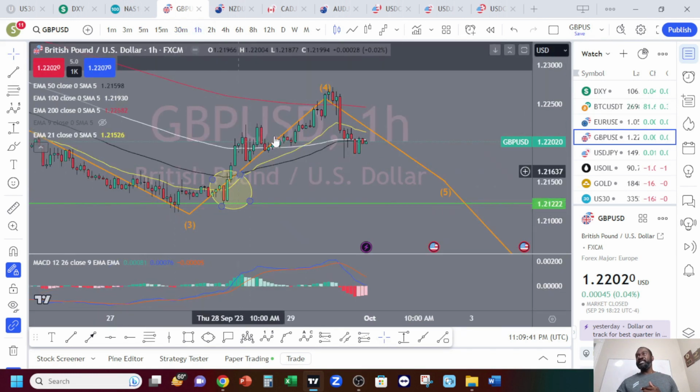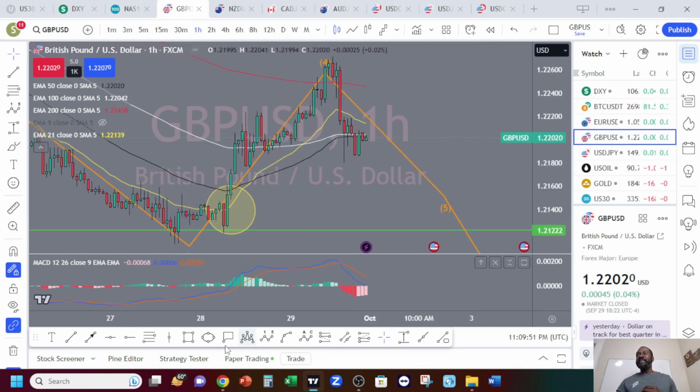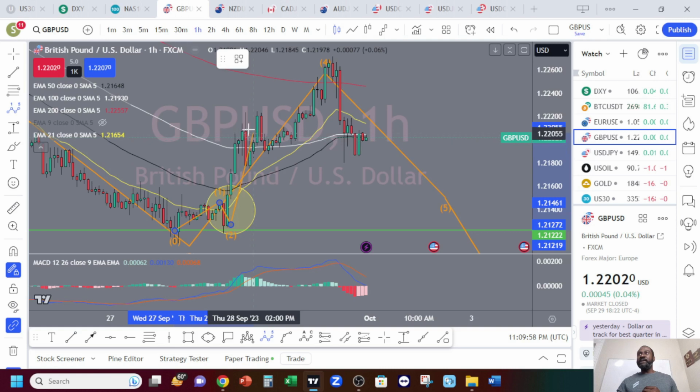This is a retracement in the 4 hour time frame, but in the 1 hour time frame, it looks like it's an uptrend, right? Let's look at this. It was low, it does this here, comes back, high, low, higher.